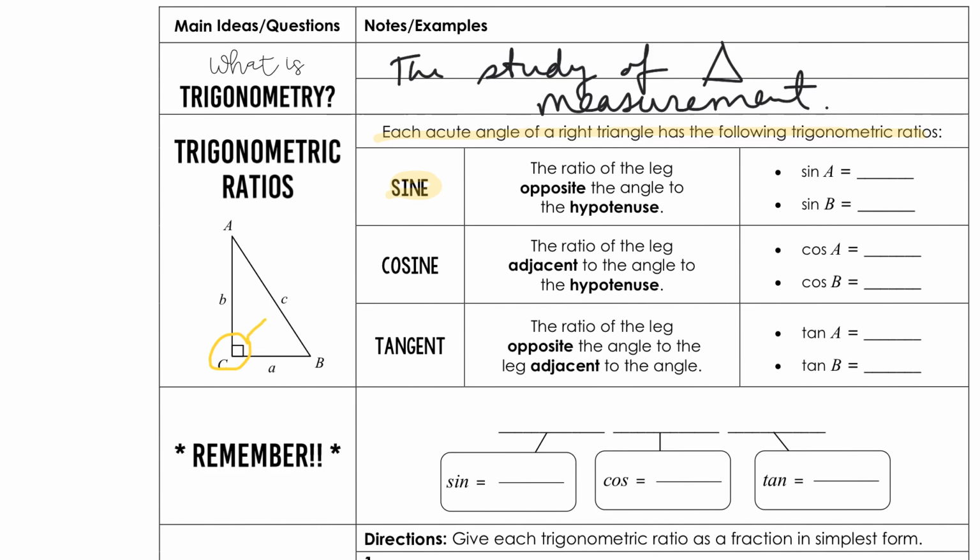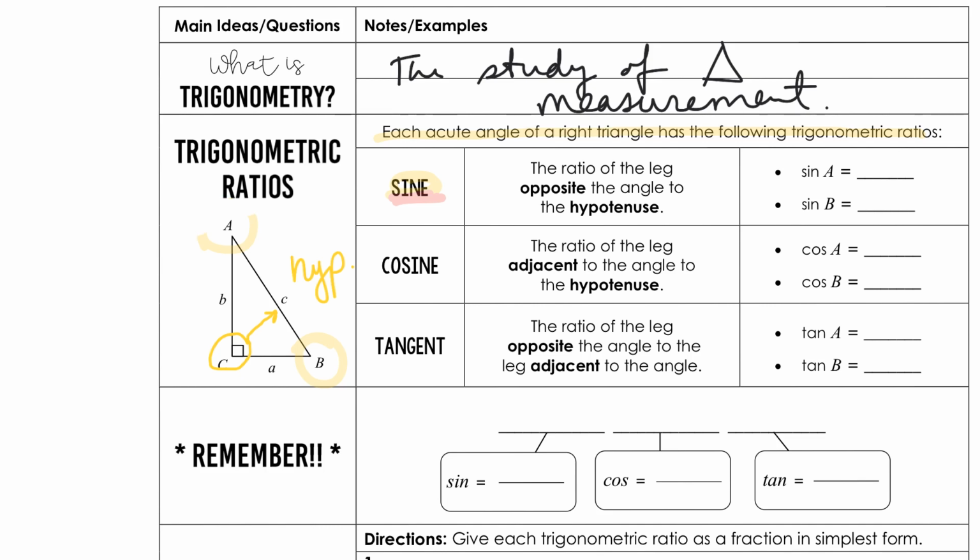The side across or opposite of that right angle will always be the hypotenuse. Now, depending on if we're referencing angle A or angle B, will depend on our opposite or adjacent legs. So now, sine. Sine here is the ratio of the leg opposite the angle to the hypotenuse.